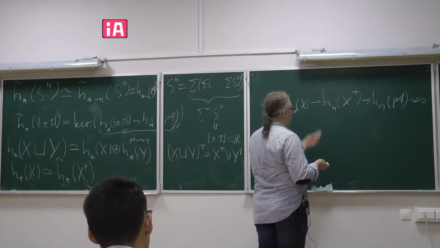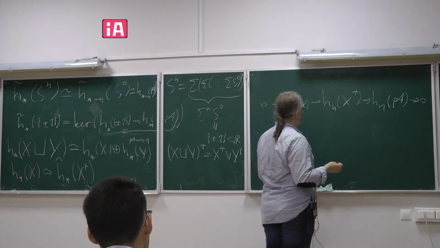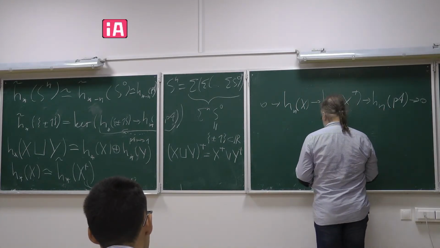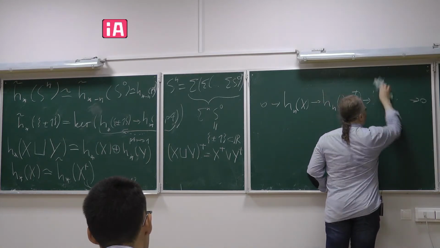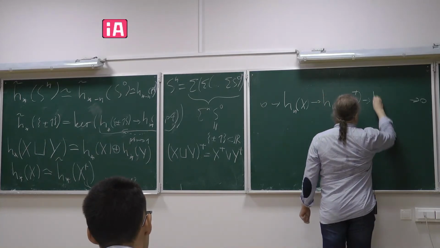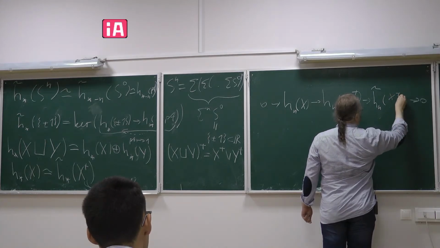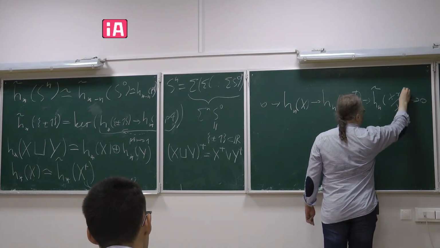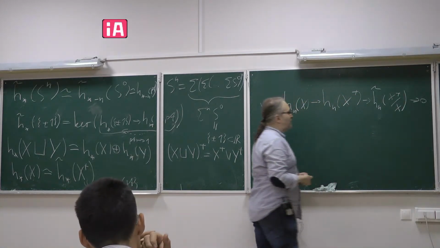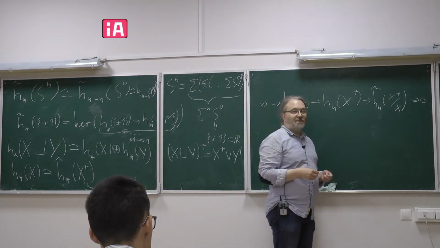Well, let's have a look. We do have something like this, namely Hn tilde of X plus quotiented by X. Now, what is X plus quotiented by X?